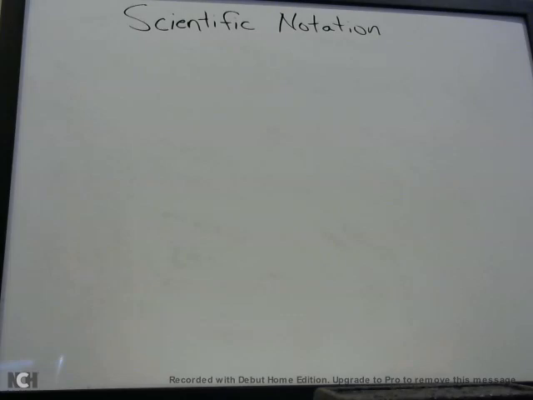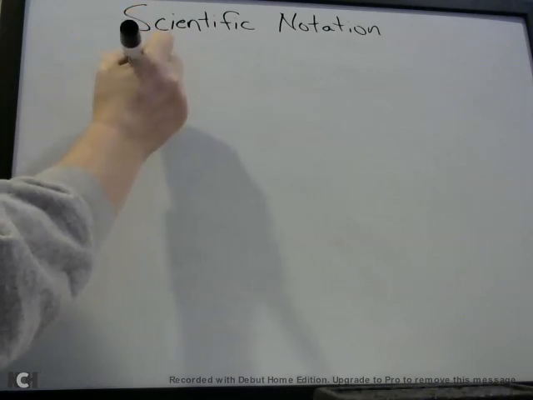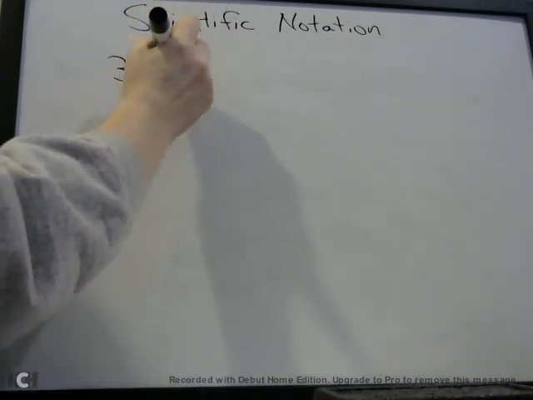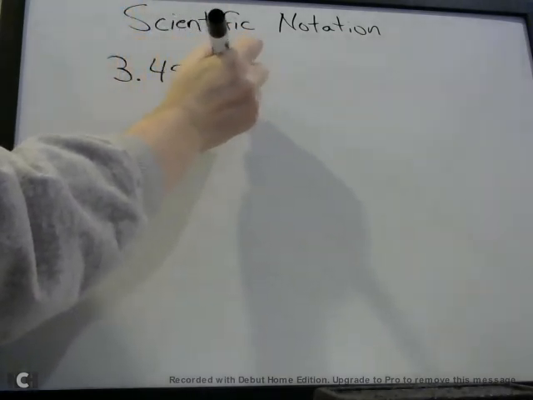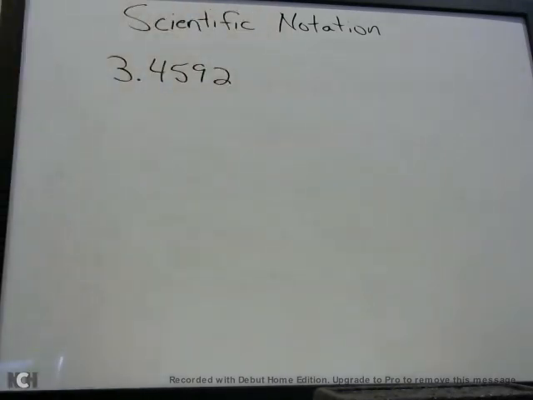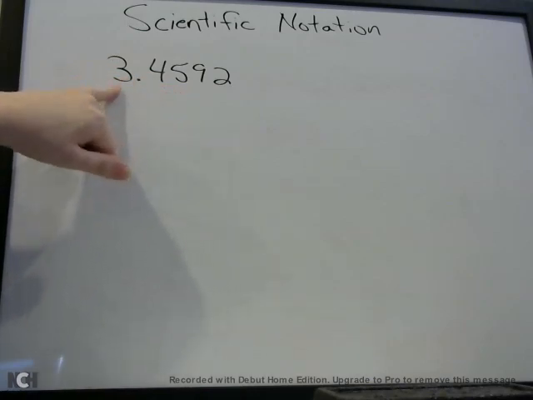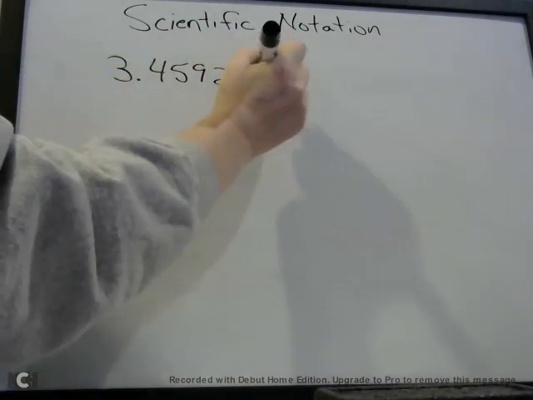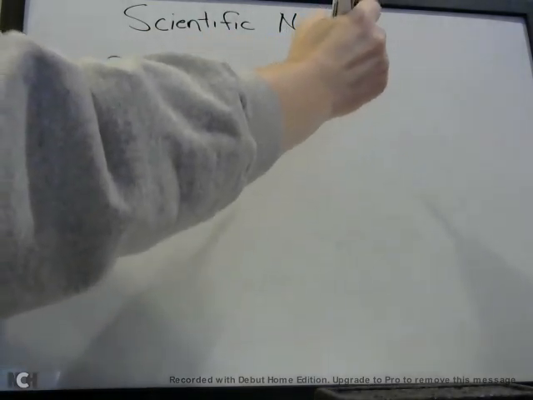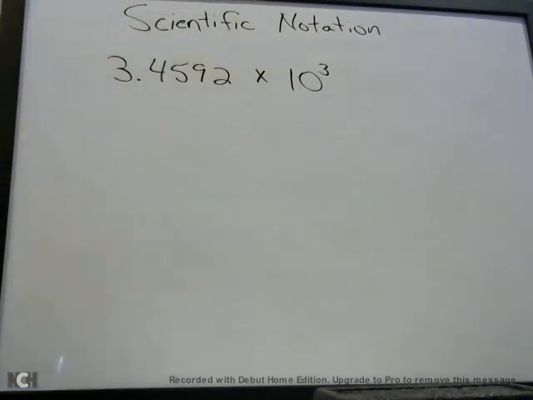The way that you're going to recognize scientific notation is there's one part that has a number between 1 and 10. So there's only one number to the left of the decimal point, times 10 to a power, or an exponent.